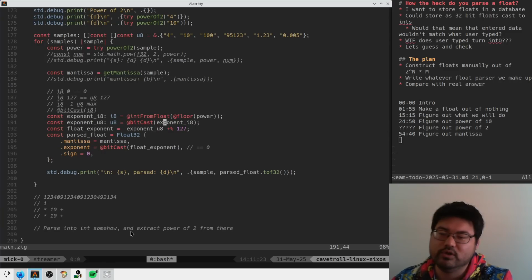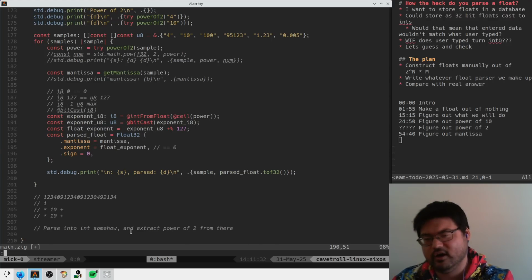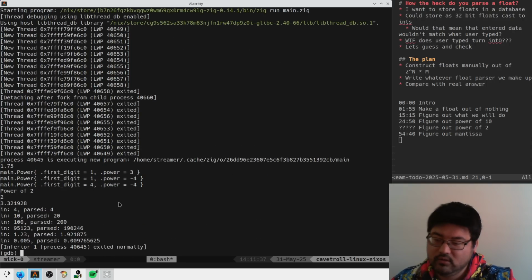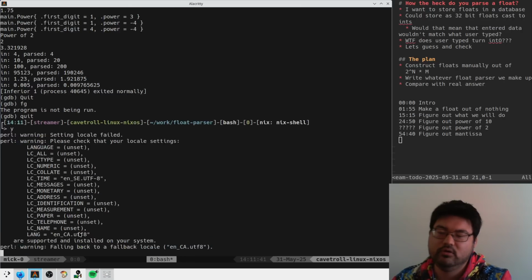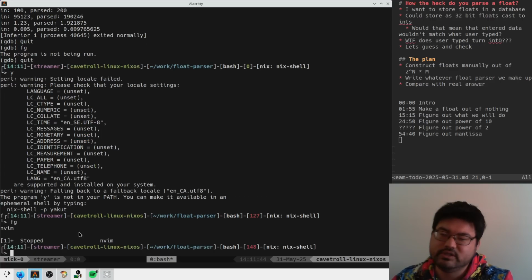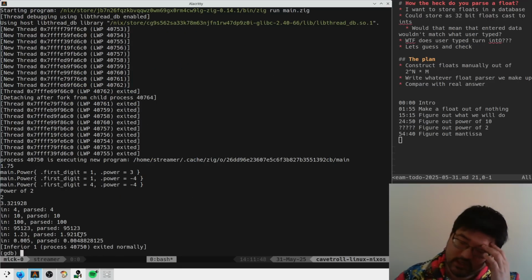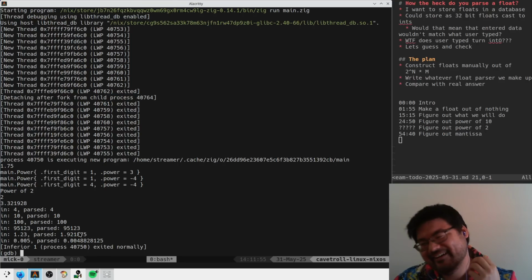I bet it's something like the floor. If this is a ceil here, I wonder if it starts working. No. Interesting. Okay, so our decimal processing is wrong, and I guess we have to figure out why now, which is not obvious at all.